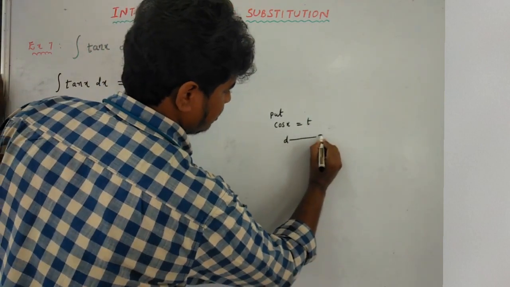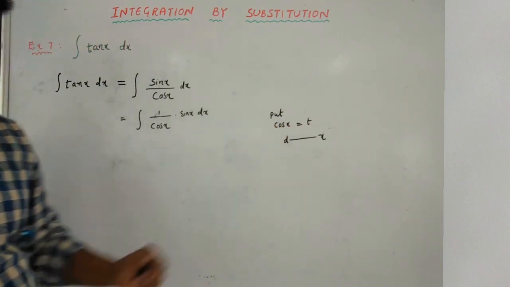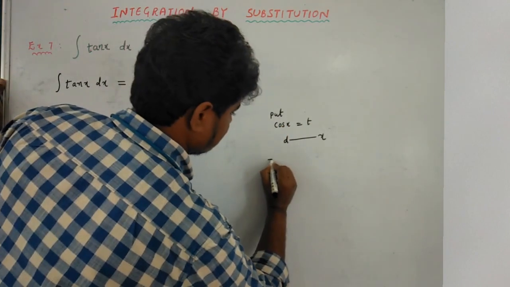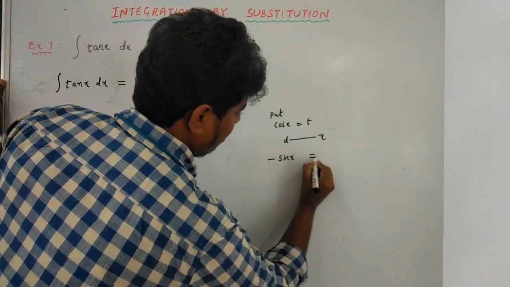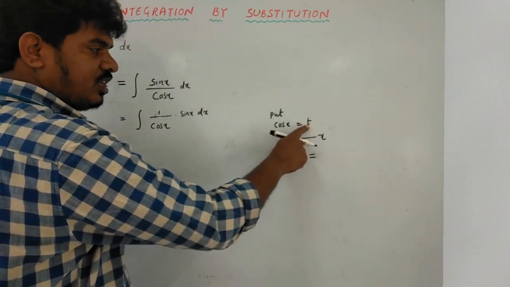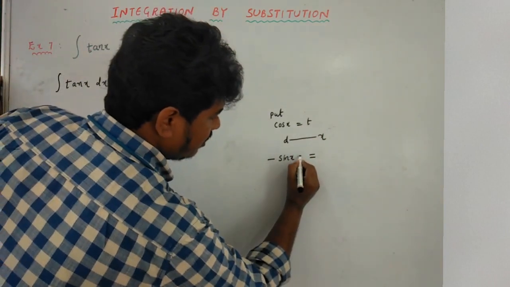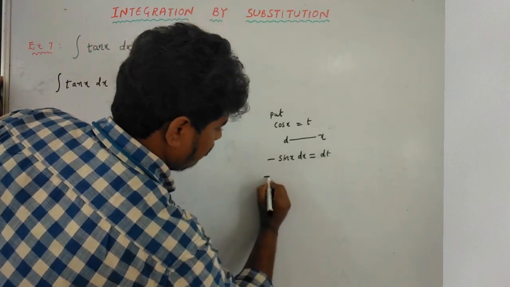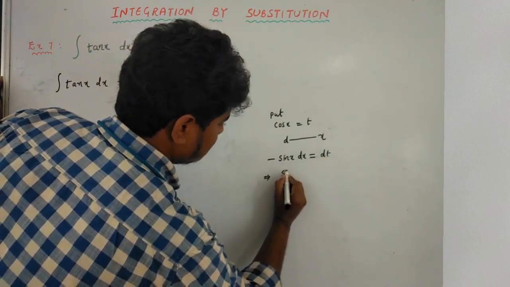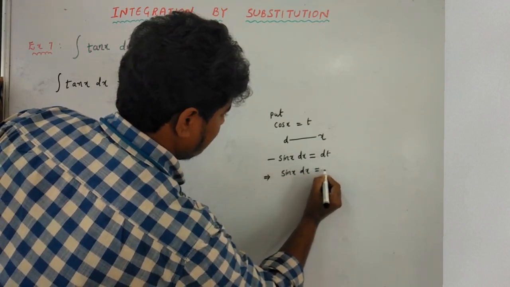Differentiate both sides with respect to x. What is the derivative of cos x? Minus sin x. Minus sin x is equal to the derivative of t with respect to x, which is dt by dx, but I am taking dx to one side and dt to the other. Now what can you write? Sin x dx is equal to minus dt.